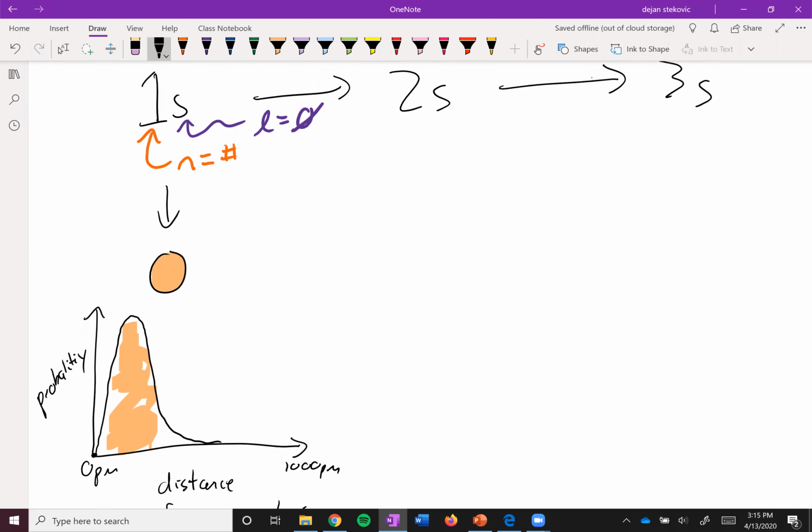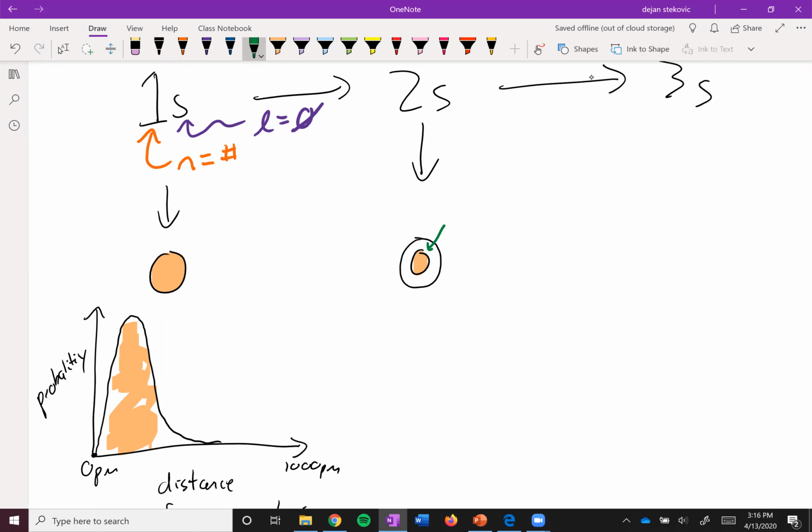So let's see what happens when we take a look at a 2s orbital. And so the n equaling 2 will tell you that now it's bigger, but let's take a look at how exactly that looks. So you're still going to kind of have this inner sphere where it could be, and then after that, you're going to have what's known as a node. The node, the electron cannot be in the node.